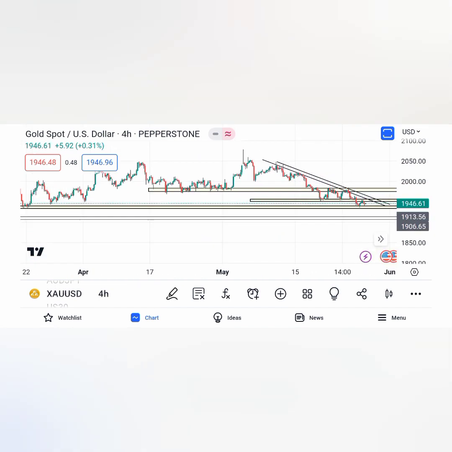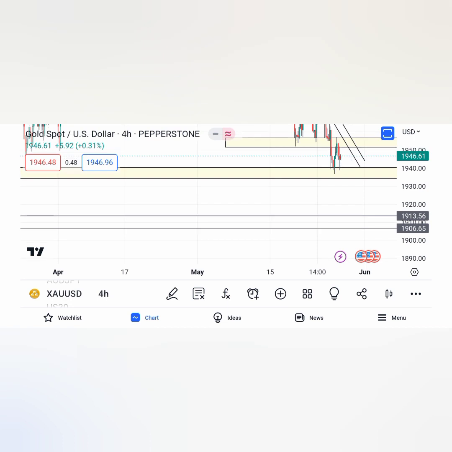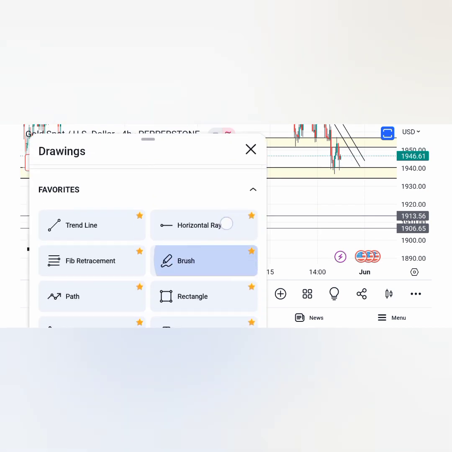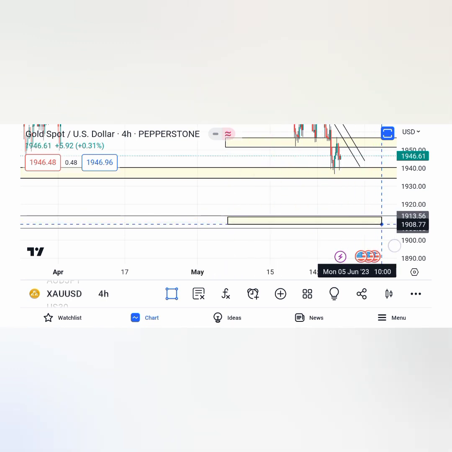This will be my next target for gold if it continues downwards.